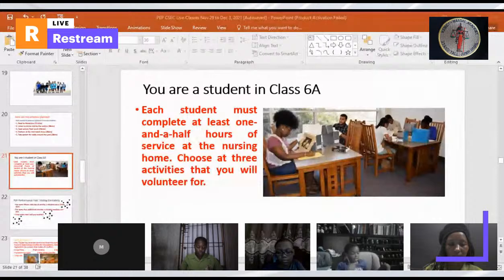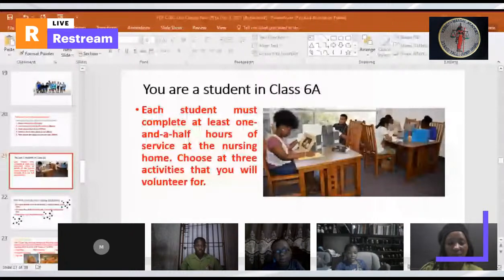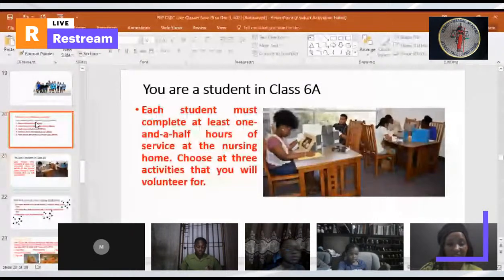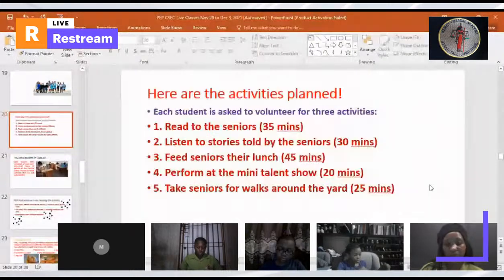So each student must complete at least 1.5 hours of service there. I'm going to take you back to the previous slide. Remember, 1.5 hours, and you're asked to choose 3 activities. Look back at the activities, and I'm going to give you 2 minutes to decide, and then each person will tell me what their 3 activities are.